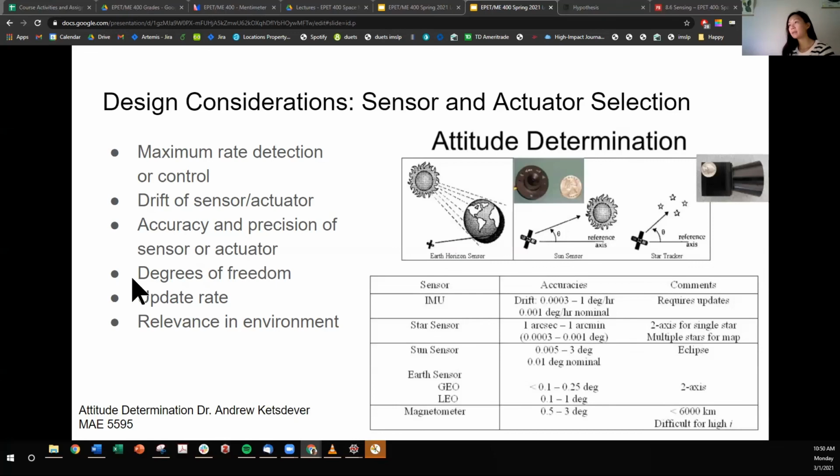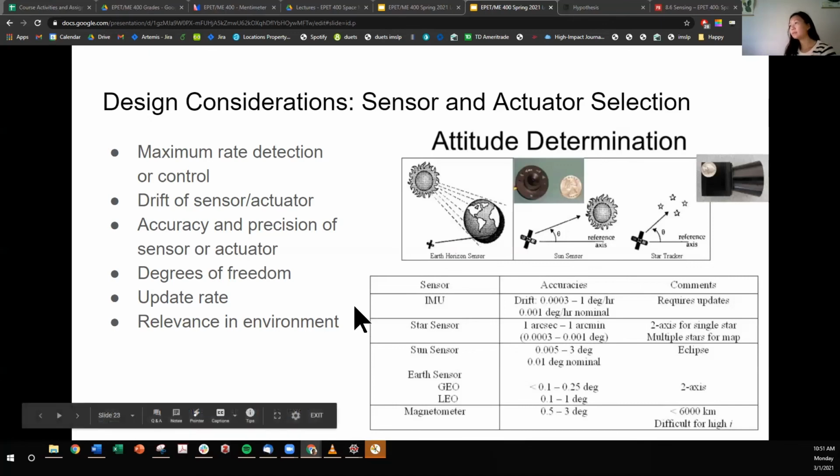You need to think about the degrees of freedom that you're getting when it comes to sensors, and the degrees of freedom that you're controlling your spacecraft to. Do you want 1 degree of freedom or 3 degrees of freedom? You need to think about update rate. Your dynamics are going to be so fast or so slow, and depending on that, remember from the communications chapter, we were talking about what rate do you need to sample at for you to really know what's going on, depending on the frequency of your signal.